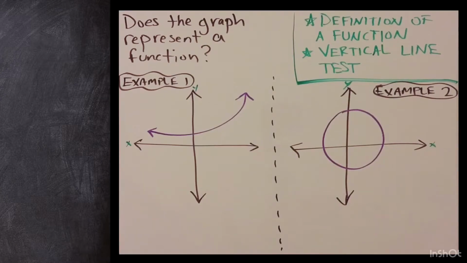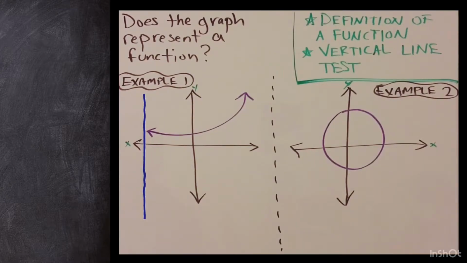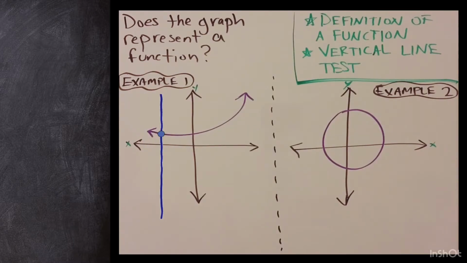So to do the vertical line test, you simply place a straight edge or a vertical line at the end of the x-axis, any end that you want, and you're going to move it or drag it along to the other end of the x-axis. Let's look at example 1. I'm going to take this line and move it from one side of the x-axis to the other. Take notice of the points my vertical line meets on the graph.